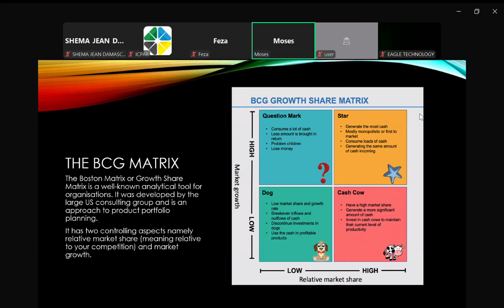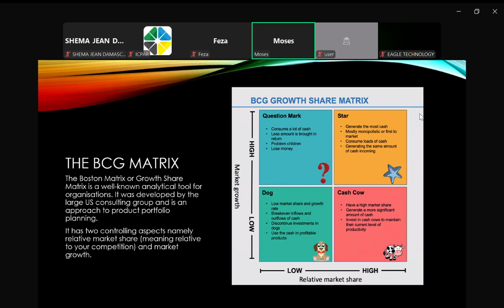The BCG matrix. The BCG is an abbreviation of Boston Consulting Group. Boston Consulting Group is a giant consulting company. It came up with a model that is called the BCG Growth Share Matrix.